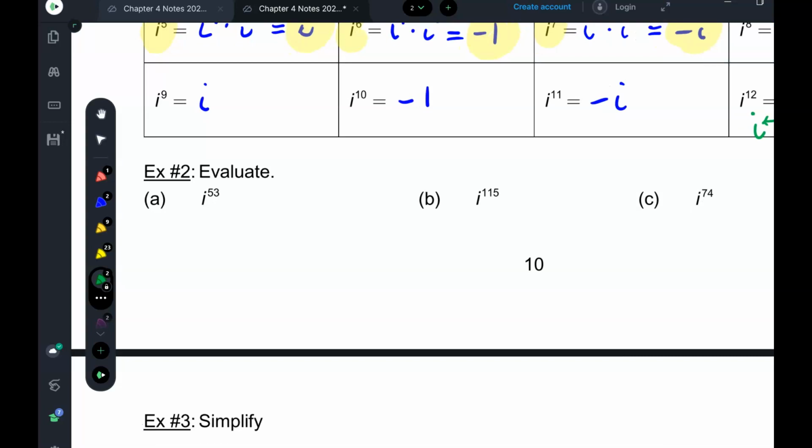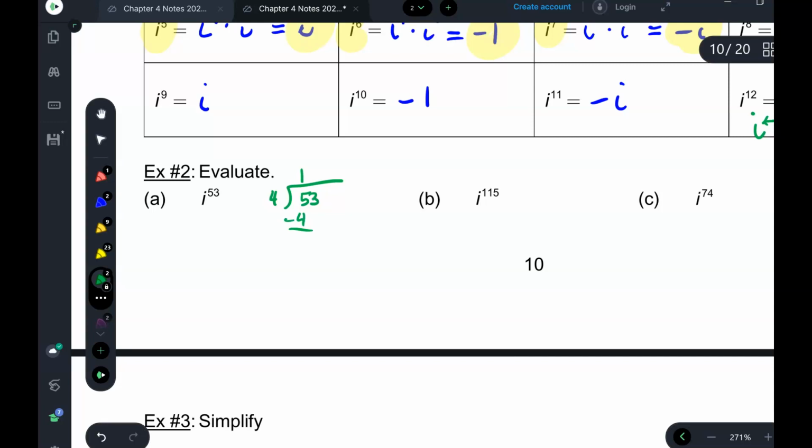So let's look at what I mean by this. The 53rd. I don't want to have to keep doing this table, but let's divide 4 into 53. Old fashioned long division here. 4 goes into 13 3 times, remainder 1.